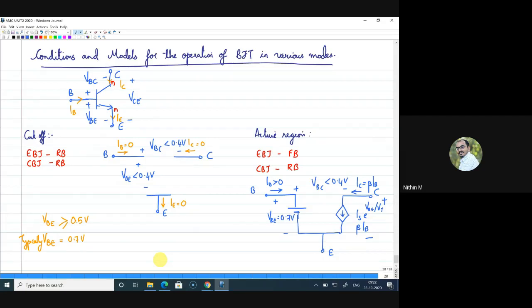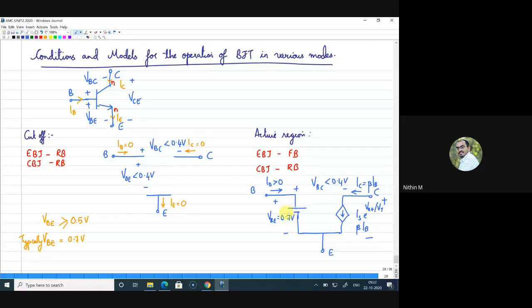Okay, let me ask. Abhirami, are you there? Yes, sir. So, are you getting what I'm trying to do here? Yes, sir. Almost. Okay. So what I told is that in the active region, the BJT emitter base junction is forward biased.